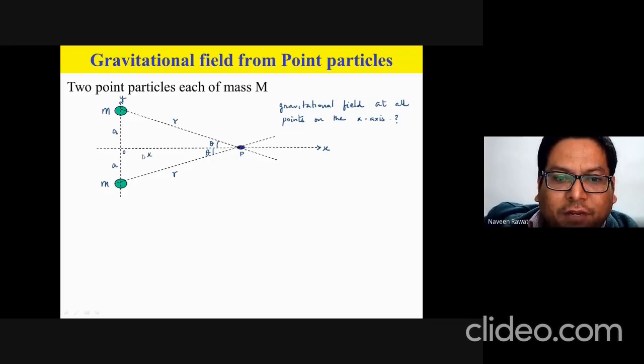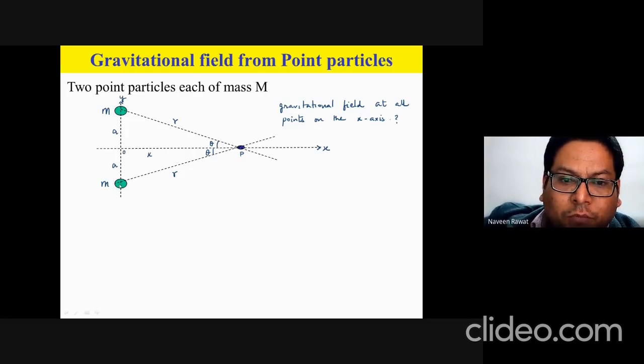This point P lies on the x-axis and can move along it, so we can find the gravitational field at all the points on the x-axis. All we have to do is vary x. Let's say that r is the distance from this point particle to the point P.